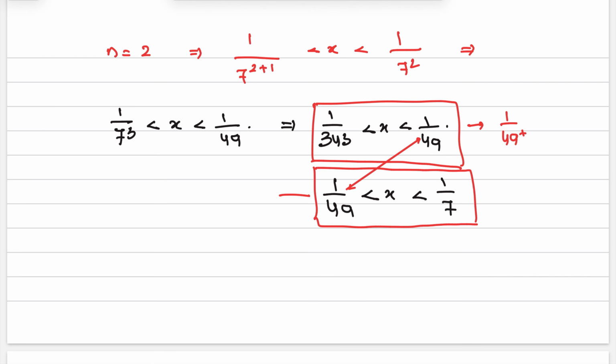Here it is 1 by 49 little minus. Neighborhoods are called left hand limits and right hand limits.